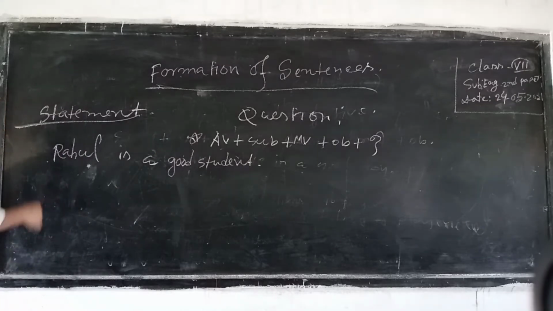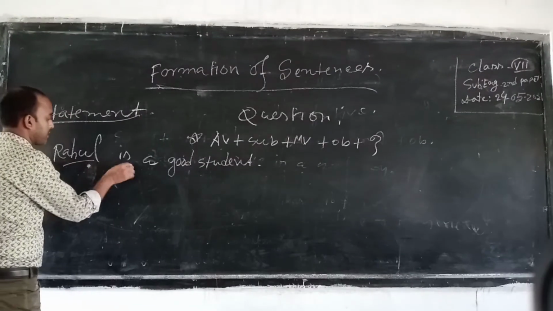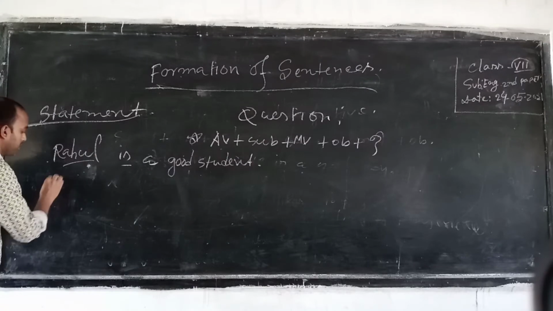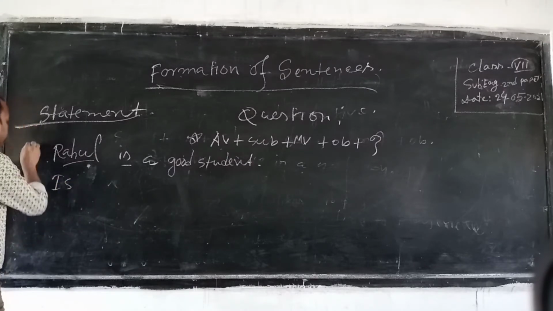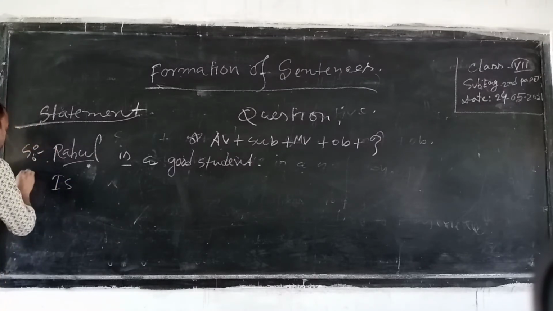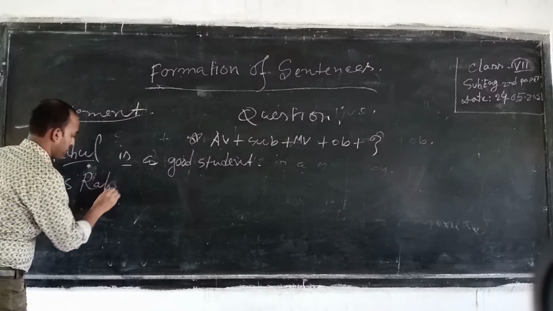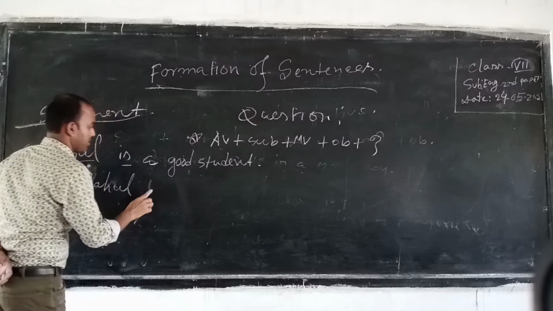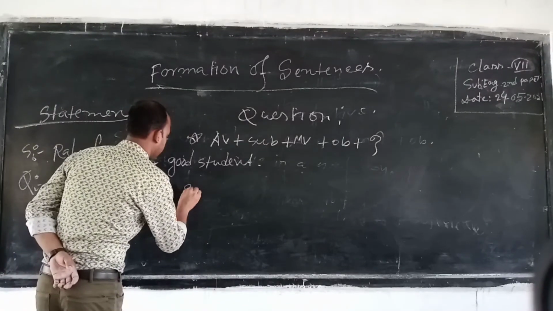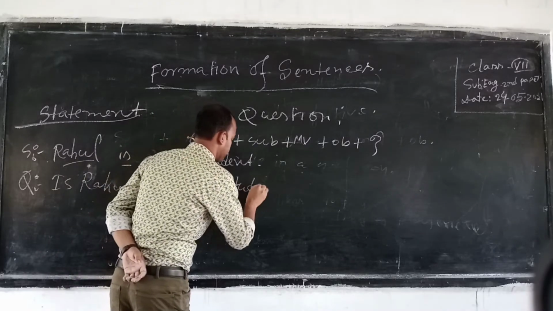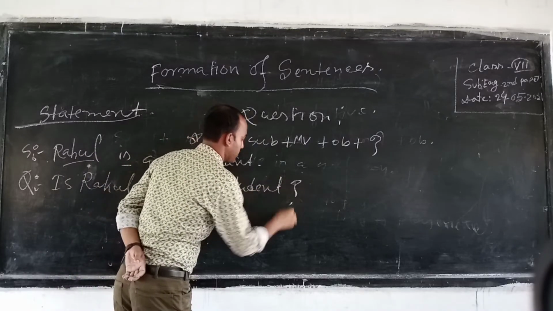Now we can change this sentence into a question or interrogative by the inversion of subject and verb. And we can place the verb at the very beginning. Is Rahul a good student? Then what?